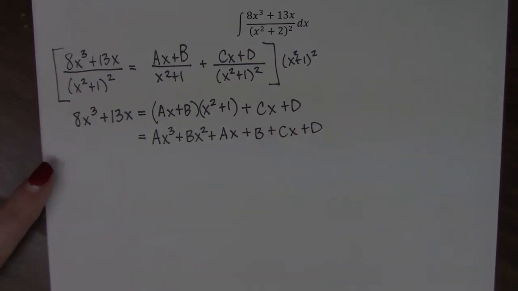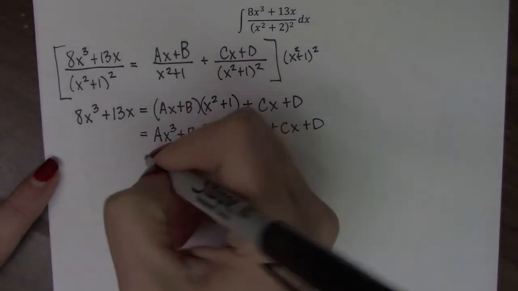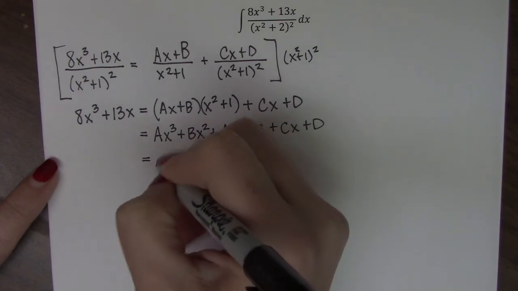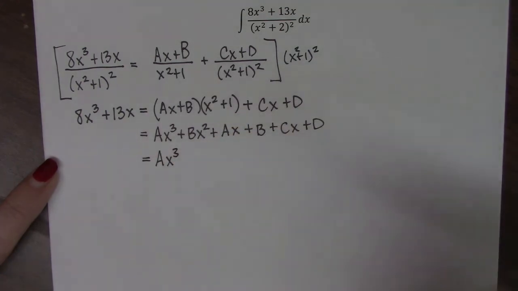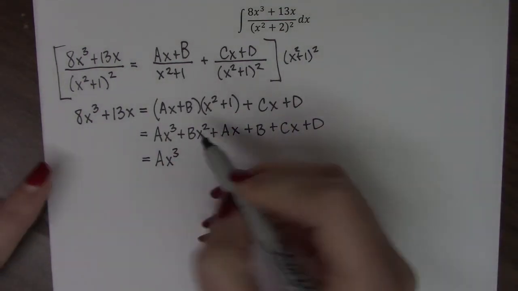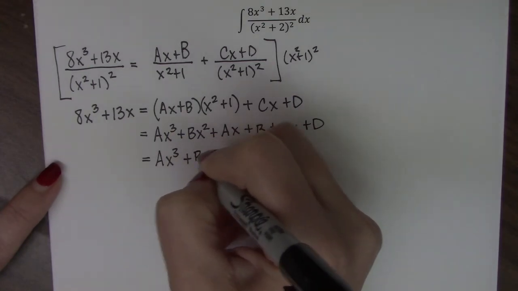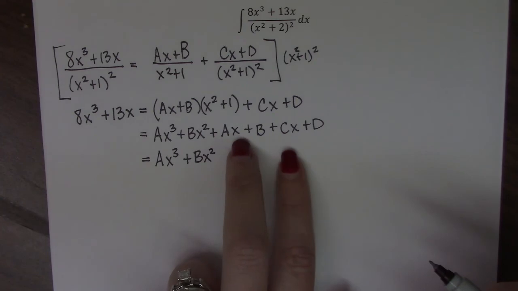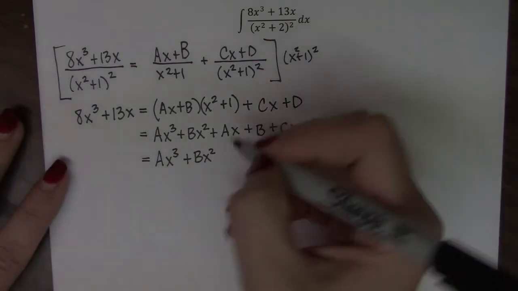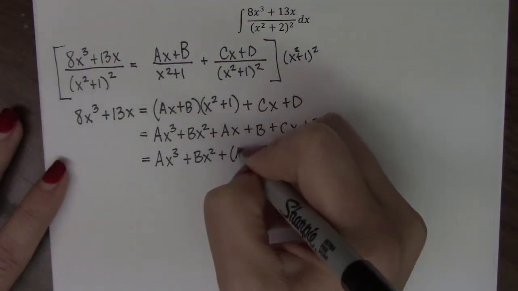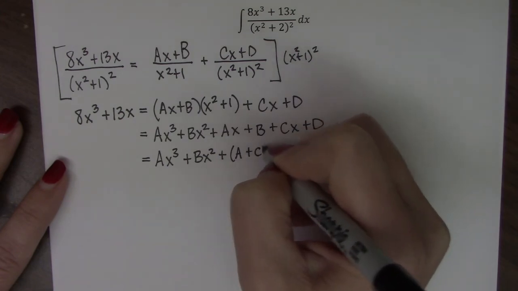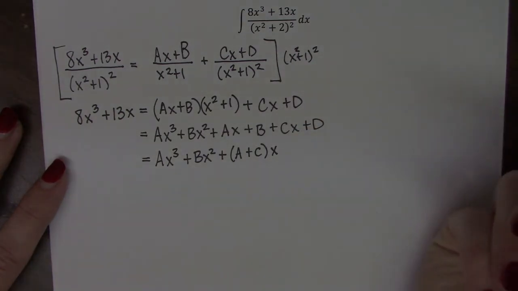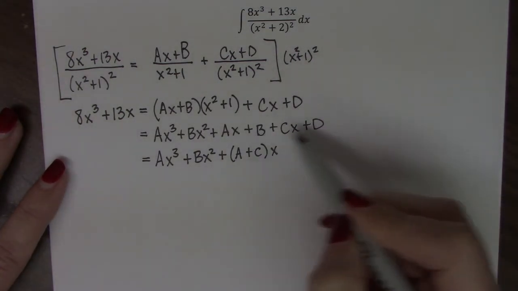And then what we want to do is group things by powers of x. So I only have 1 cubed term, so we'll just leave ax cubed alone. I also only have 1 squared term, so we're going to leave bx squared alone. But notice I have 2 things attached to an x. So what we do is factor out the x, and we write this as (a plus c) times x. And then I have 2 terms with no x at all.